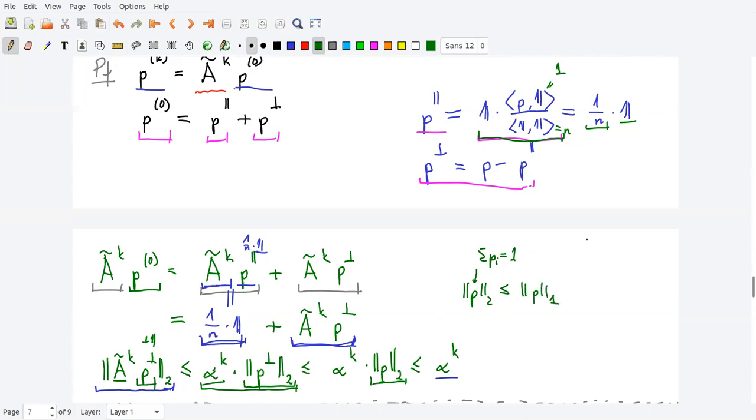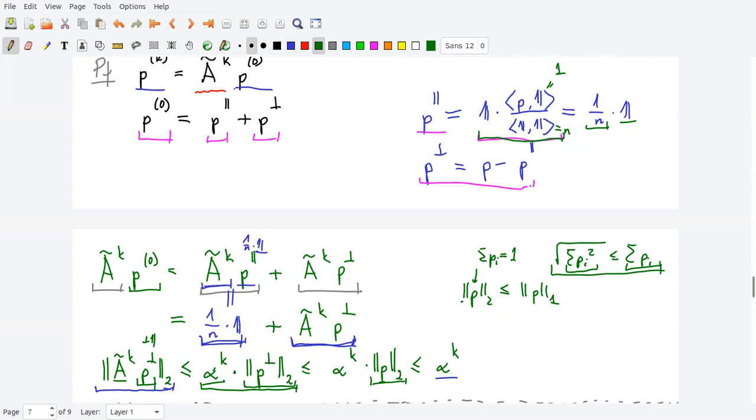This is easy to prove because you need to prove that the sum of pi squared is at most the sum of pi. And you can easily see that if you take both sides of this inequality to the square, you will see a sum of squares on one side, and on the other, after opening the brackets, sum of squares plus some other stuff.